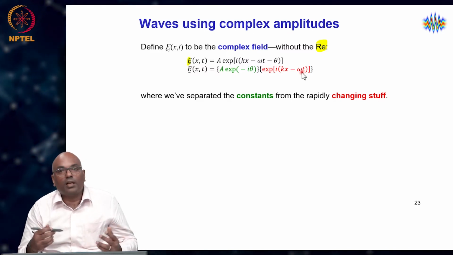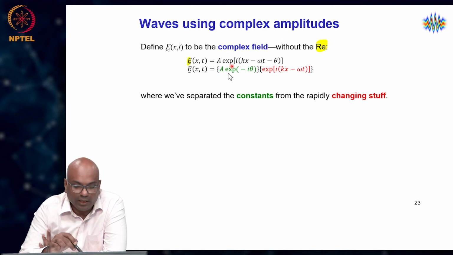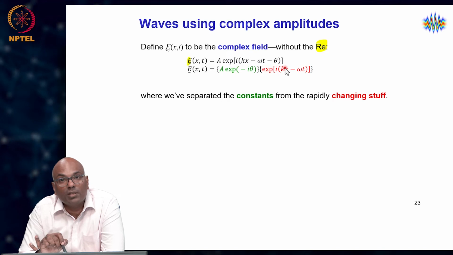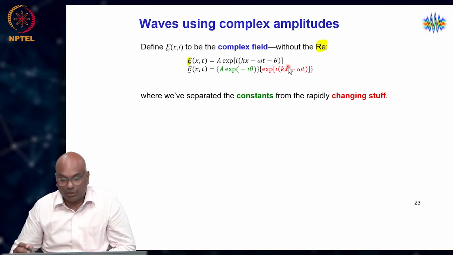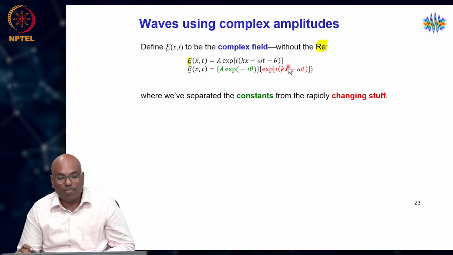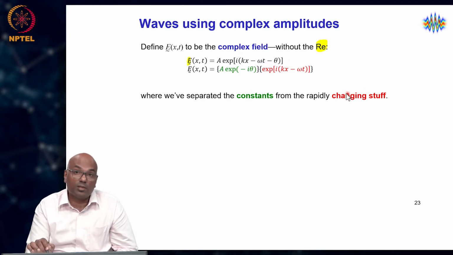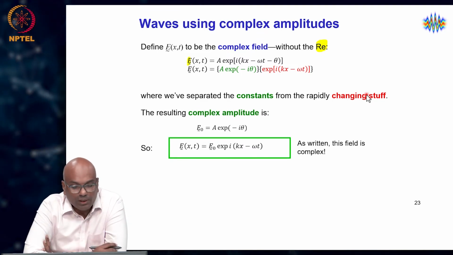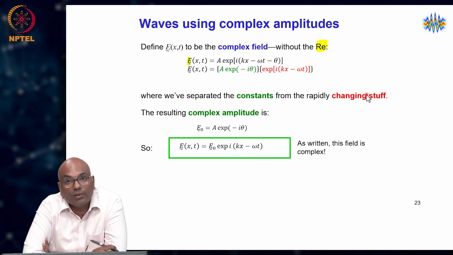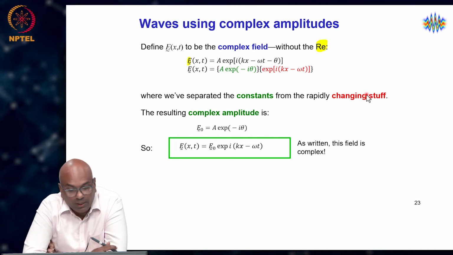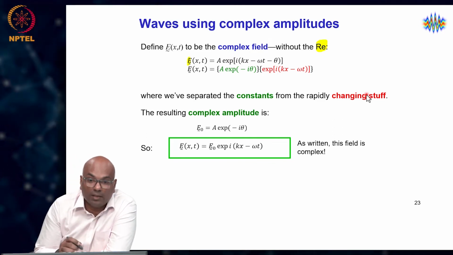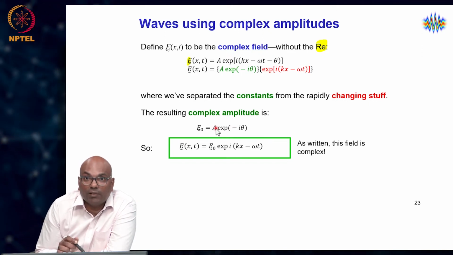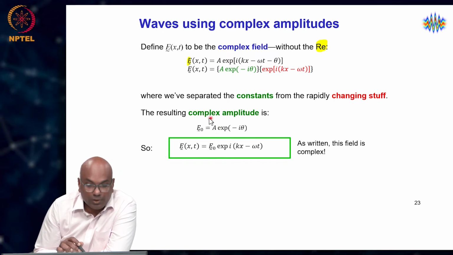This is a nice way of separating out the amplitude part and this exponent of i(kx minus omega t), which is responsible for the propagation of the wave and carrying it through, right? So we have separated the constants from the stuff that is rapidly changing. Now this allows us the luxury of defining a so-called complex amplitude of the wave to go hand in hand with the real amplitude of the real valued electric field function, as follows.